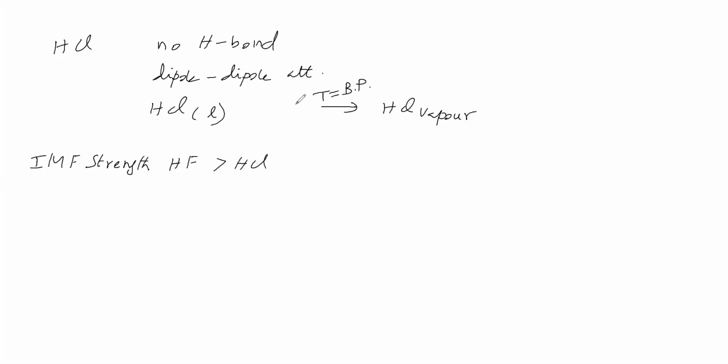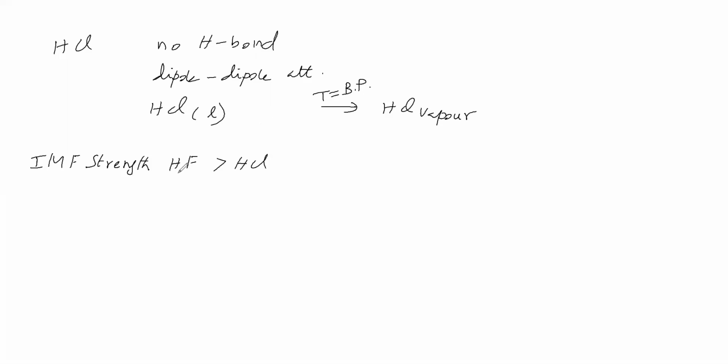So HCl has a certain boiling point, HF has a certain boiling point. Here, in this case, to convert liquid into vapor, which intermolecular force should be broken? Dipole-dipole attraction should be broken. But in the HF case, which intermolecular force should be broken? Hydrogen bonding should be broken.